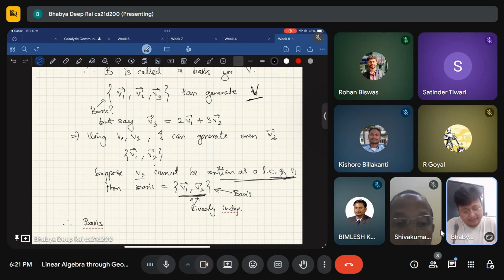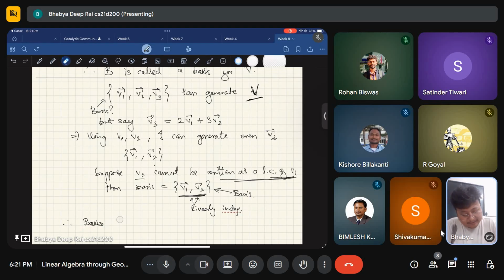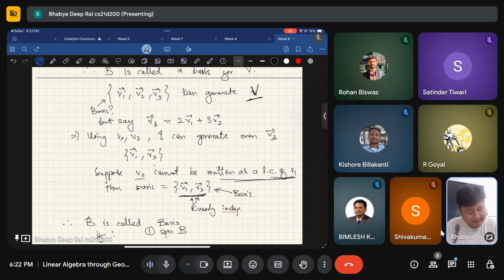Let me write it in terms of a definition. B is called a basis if and only if, firstly, B should span the vector space V, which means that on doing linear combinations I should be able to produce any vector. This idea of generation is what is called spanning.